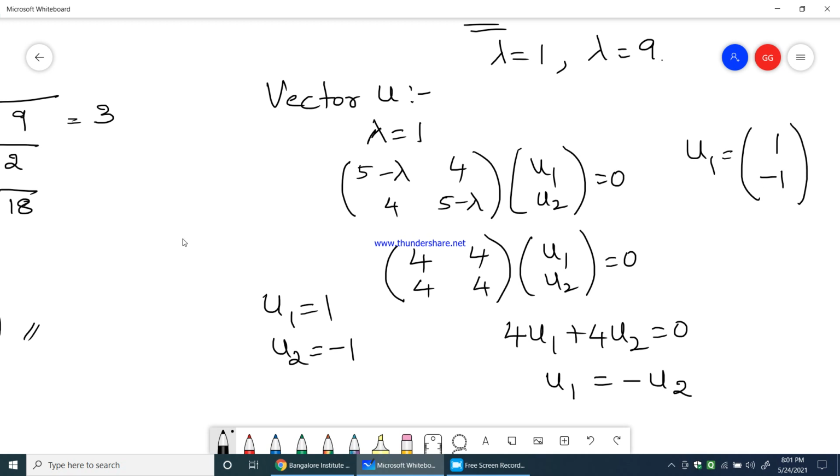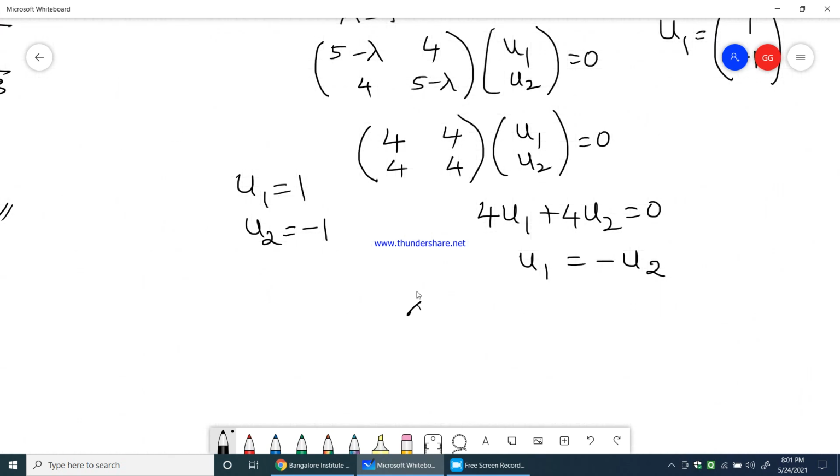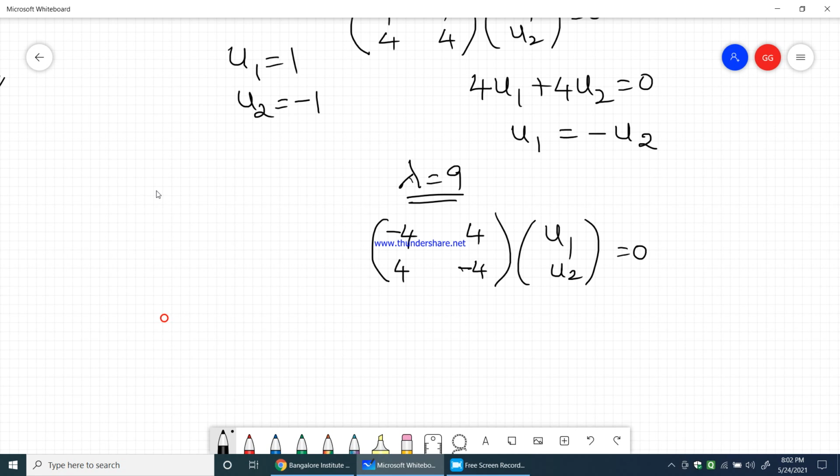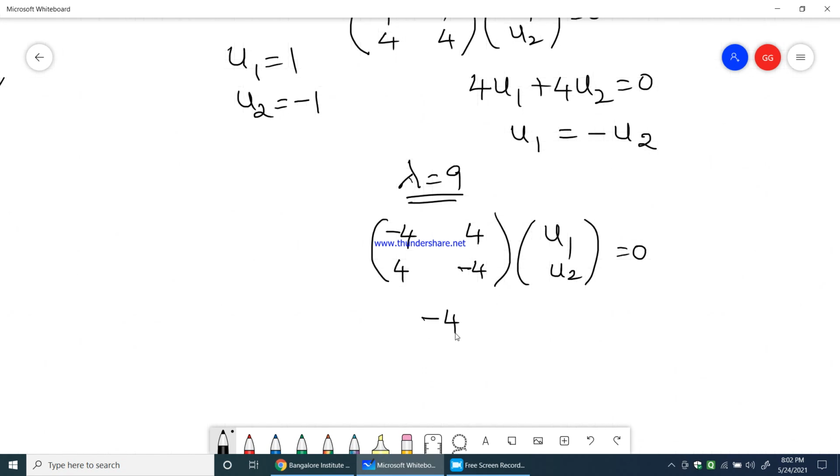Okay, now let us find out when lambda equals 9. Again, 5 minus 9 is minus 4, 4, 4, minus 4, multiplied by u1 u2 equals 0. In these two equations, I get minus 4 times u1 plus 4 u2 equals 0, and the second equation is 4 times u1 minus 4 times u2 equals 0.